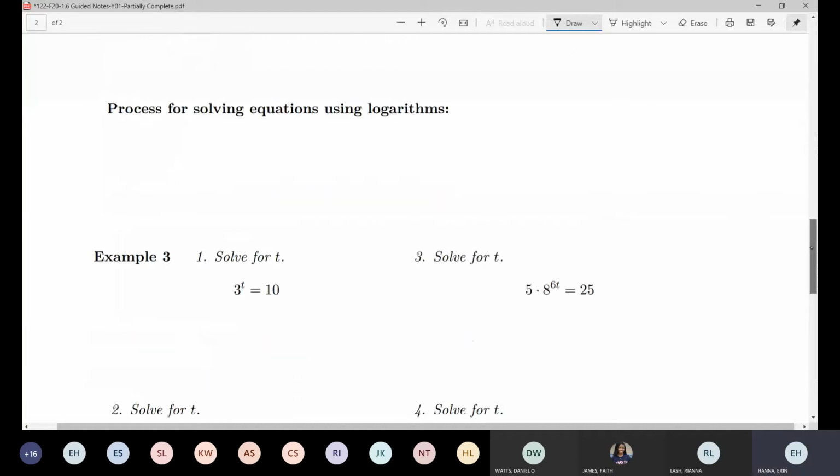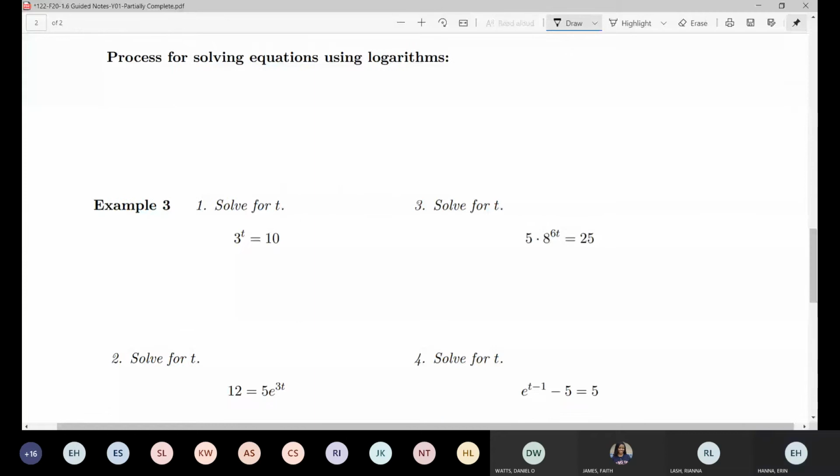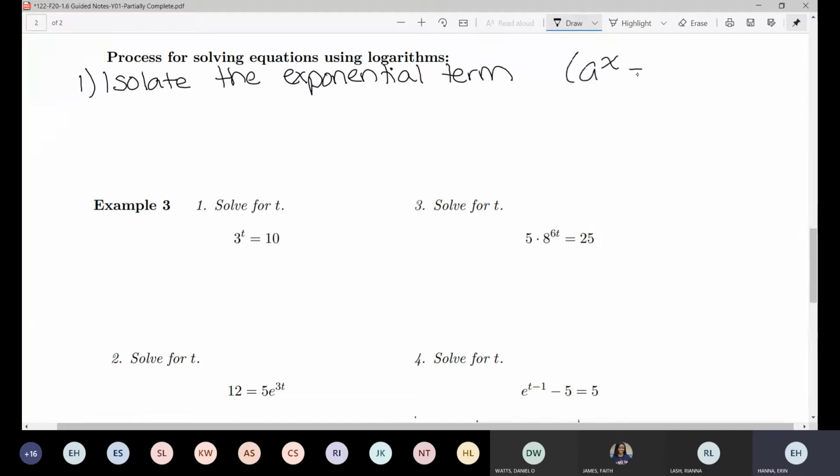which is solving. This is the thing that's going to come up way more and is the basis of your homework for 1/6. So the process for solving equations using logarithms, the first thing you have to do is isolate the exponential term. So you want to end up with something like a to the x equals p.